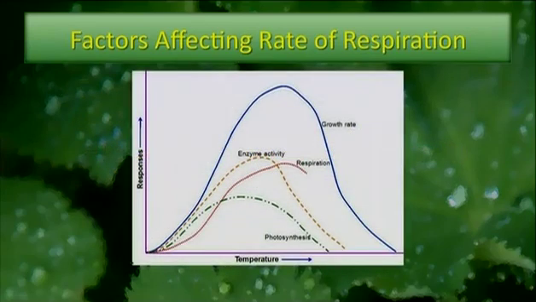It's kind of showing that with increasing temperatures, growth rate can increase up to a certain point, and then after a certain point you get problems and it decreases. Here is respiration, which stops.